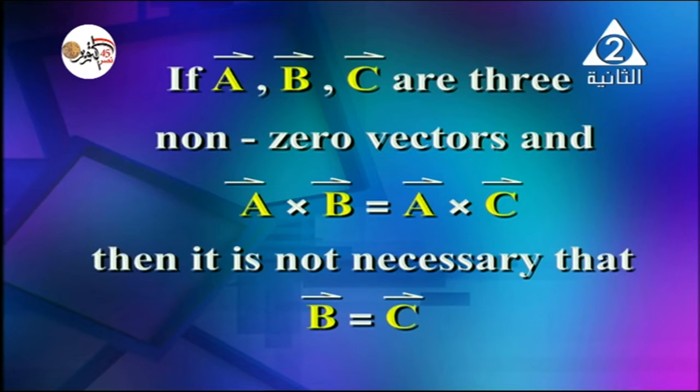Then it is not necessary that B vector equals C vector. If you find A vector cross B vector equals A vector cross C vector, then it is not necessary that B vector equals C vector. They may be equal, may be not equal. It is not necessary that the two vectors are equal.